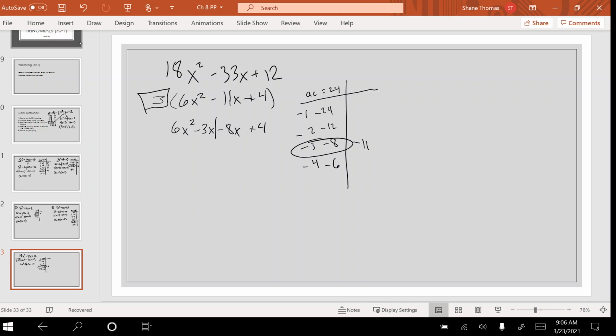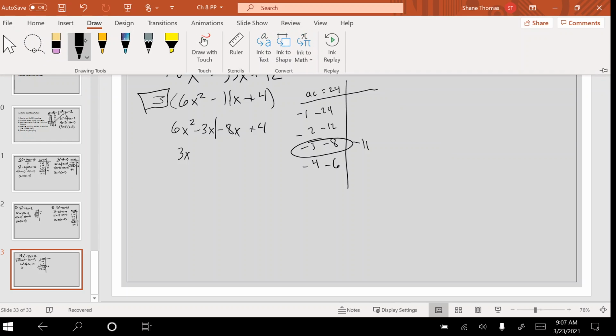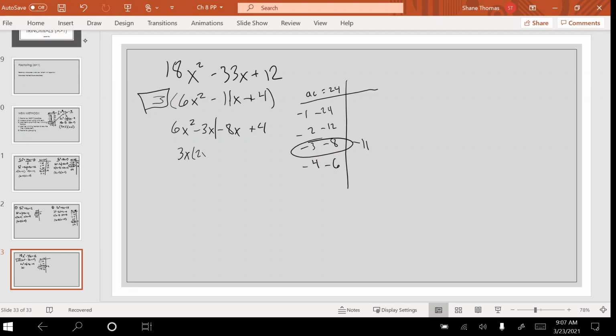What do I factor out of the first one? 3x, leaving me with what? 2x minus 1. Okay, second set. It's going to have to be a negative I factor out, right? What am I factoring out? -4, leaving me with 2x minus 1, right?